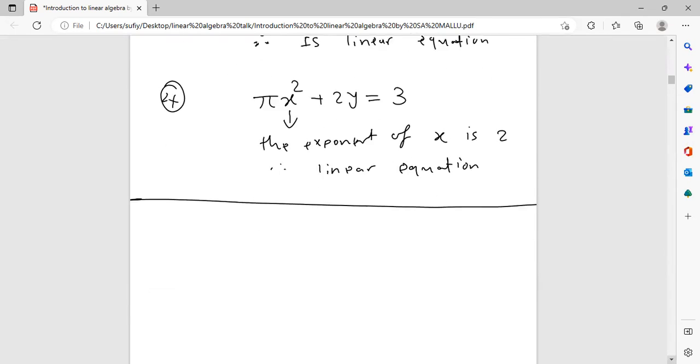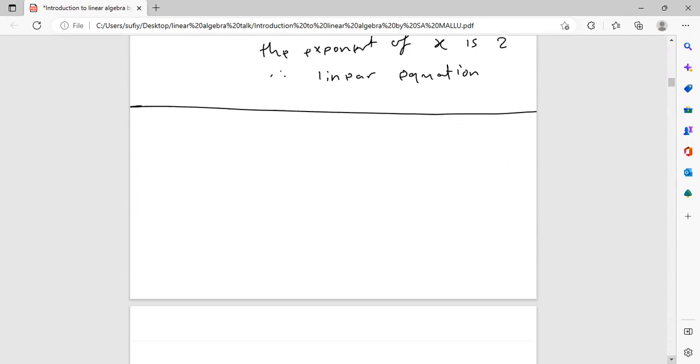So now, when we talk about linear equations, I want you to recall that a linear equation of the form ax plus by equals c is an equation of a straight line.